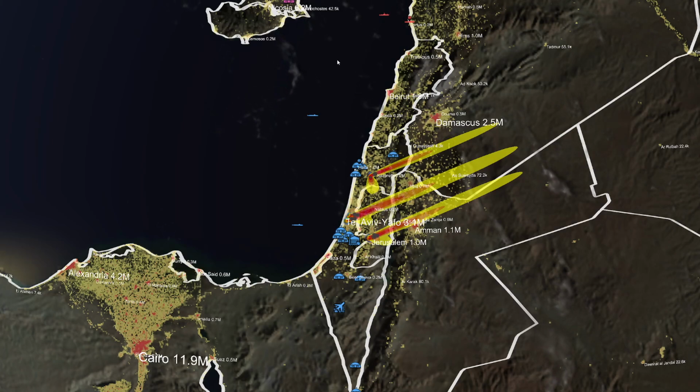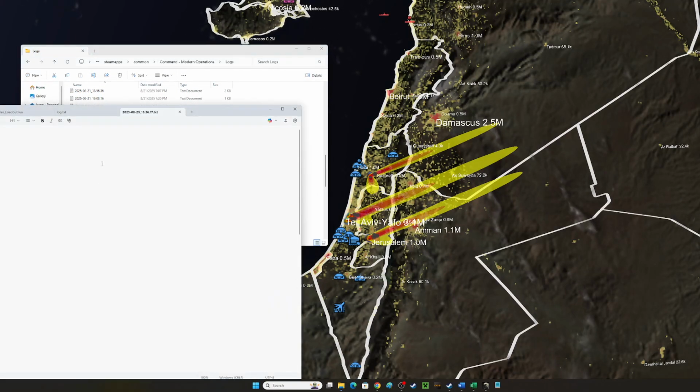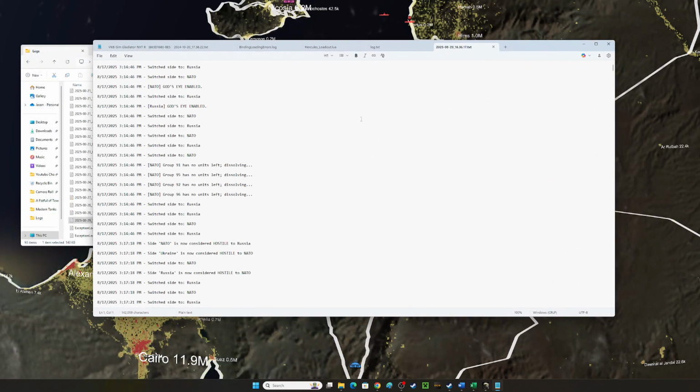after the last mission, what I had to do was, let me open something up here. So, anytime you do Command Modern Operations, it's going to have a log of everything that took place.